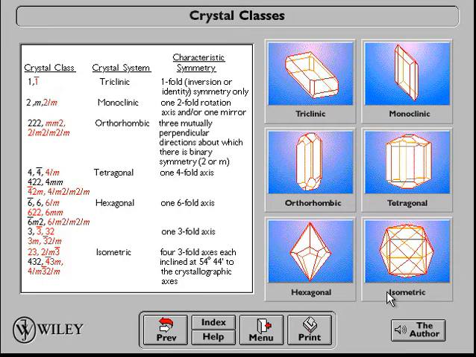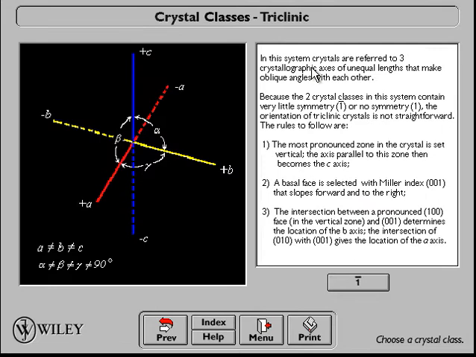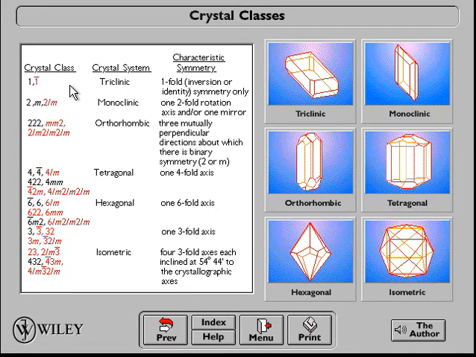So, for example, here we have our triclinic crystal. And then we have here 1 and 1 over. That means we have a one-fold inversion or identity symmetry only, yeah? So the crystal system is triclinic and we have only a one-fold inversion or identity symmetry only.